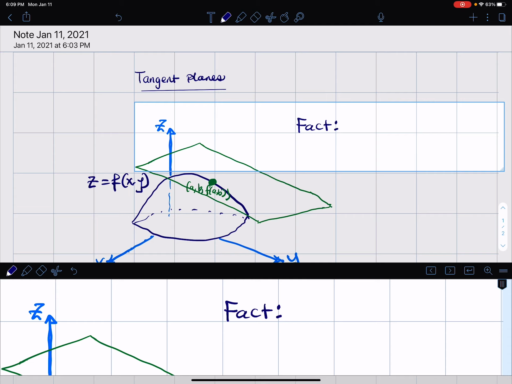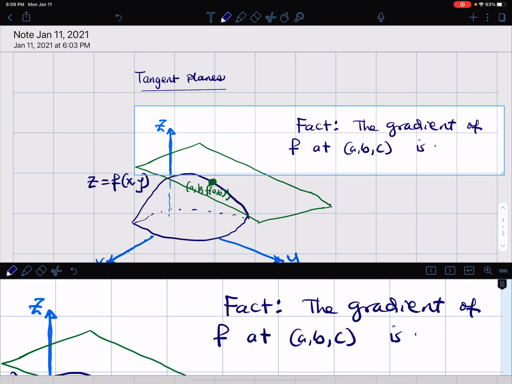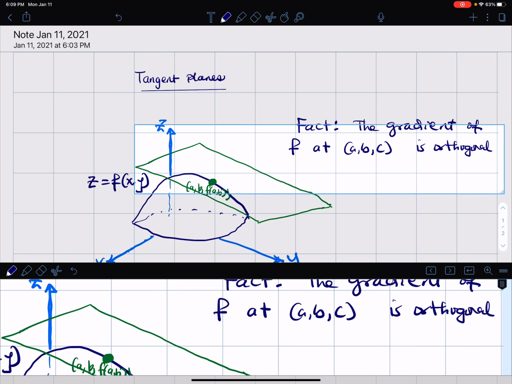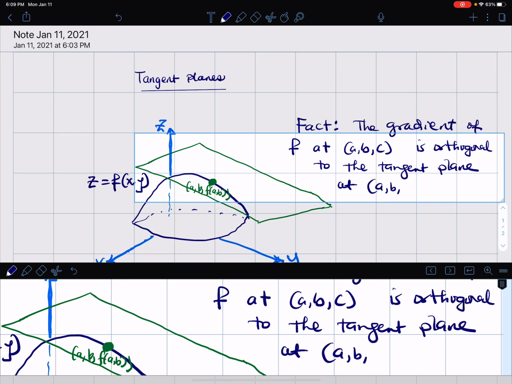So the fact is that the gradient of f at (a, b, c) is orthogonal to the tangent plane at (a, b, c).